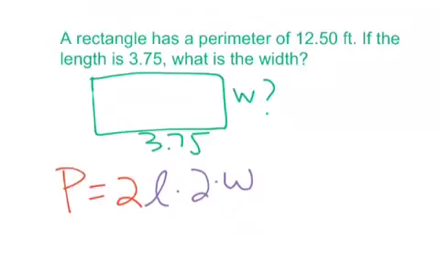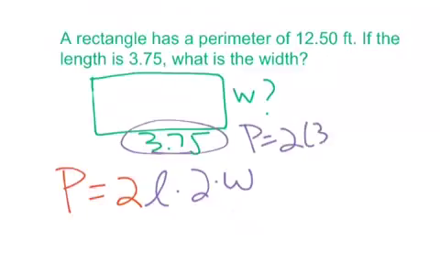Okay? We don't know what our width is, so we're going to plug in for our length here. So we're doing perimeter equals 2 times 3.75 plus 2w. Okay? 2 times 3.75 is going to be 7.5.